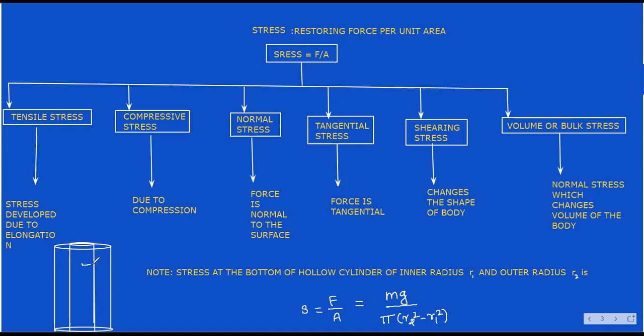This radius is r1, and this outer radius is r2. If you want the stress at the bottom of this cylinder, then it is force by area. Force is nothing but the weight of this cylinder, that is mg, and area is, since this part is hollow, pi r2 square minus pi r1 square. That's it. So this is your stress at the bottom of that cylinder. Understood? So note down this and revise it carefully. Let's stop here for today. Bye.